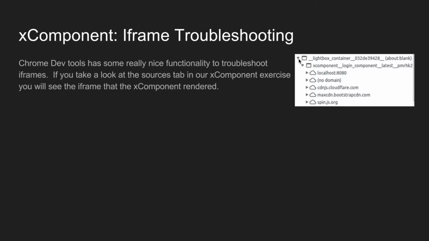So you'll see it among the sources, and it'll have lightbox, container, something, nice long hash value. Then in that will be the xComponent login. And that contains actually all of the source for the iframe that we pulled in. You can see all the JavaScript that specific iframe is pulling in. So it's pulling in Bootstrap, Spin.js, among other things.